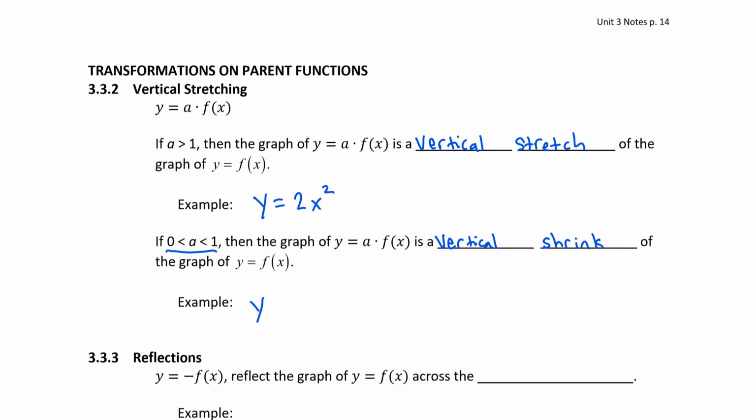For example, y equals 1/2 x squared. This parabola is going to be shorter or closer to the x-axis than the original function. Where 2x squared is a tall, skinny parabola, 1/2 x squared is a much wider parabola. But they both share the same fundamental nature of the parent function, y equals x squared.